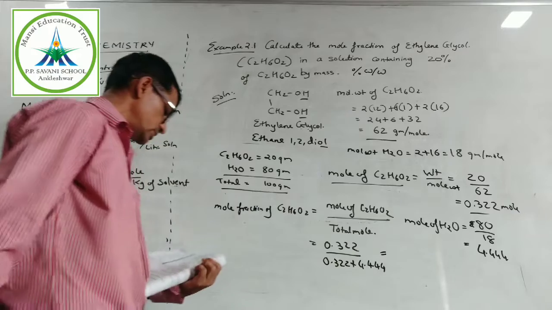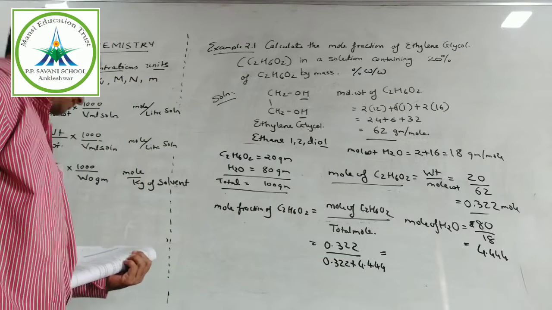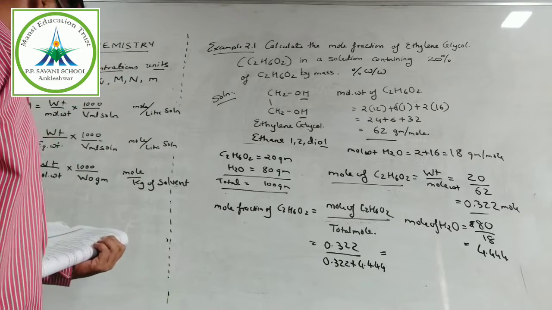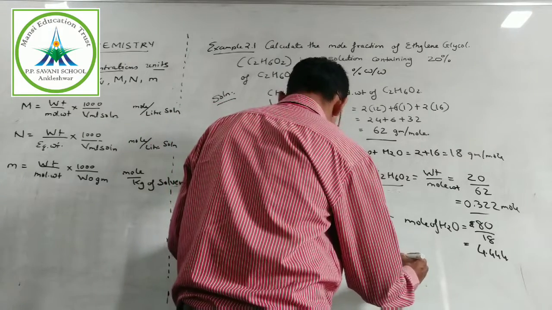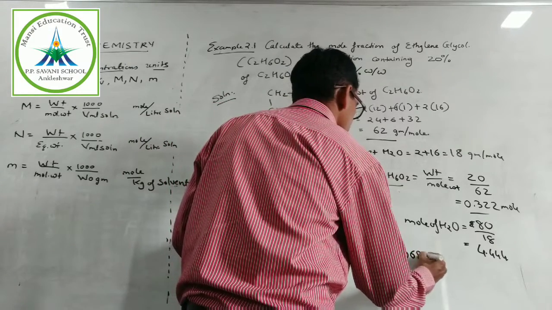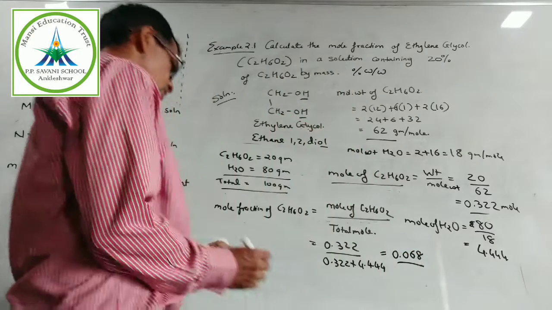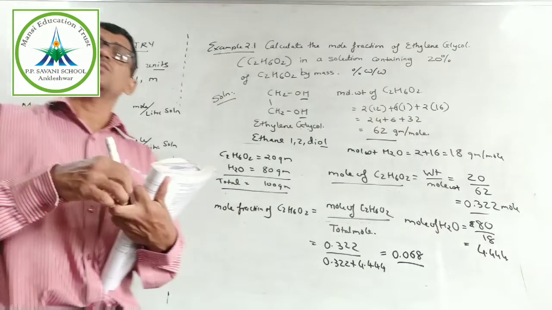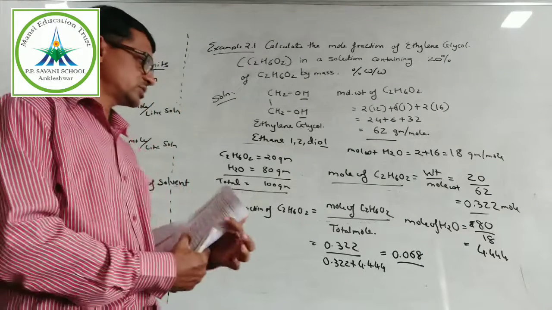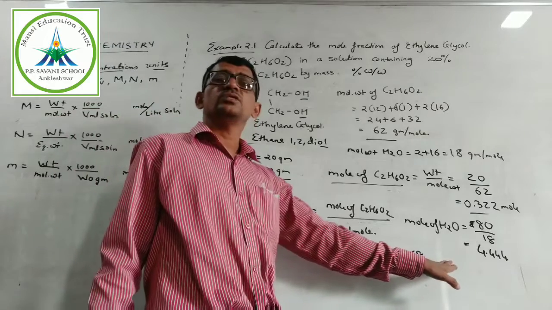If you solve this, then the mole fraction of ethylene glycol is coming 0.068.